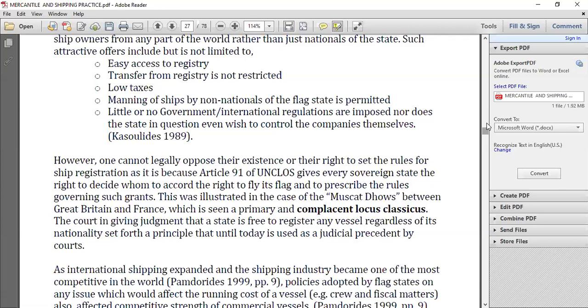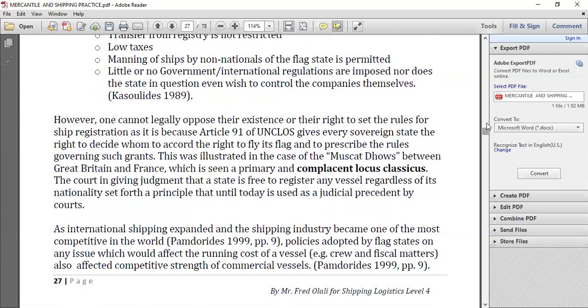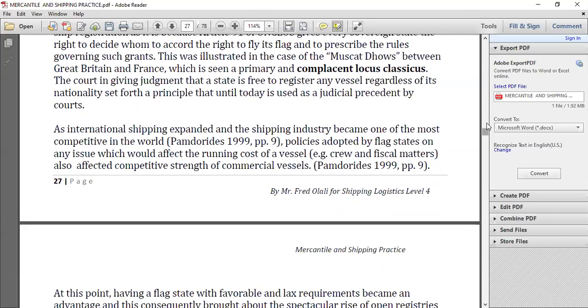So as international shipping expanded and the shipping industry became one of the most competitive in the world, policies adopted by the flag states on any issue which affects the running of the vessel, that is the crew and the physical matters, also affected the competitive strength of the commercial vessels.